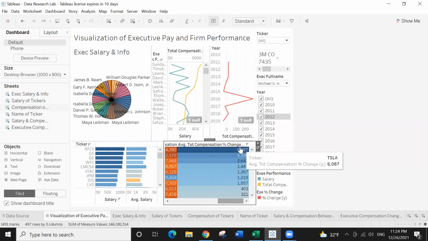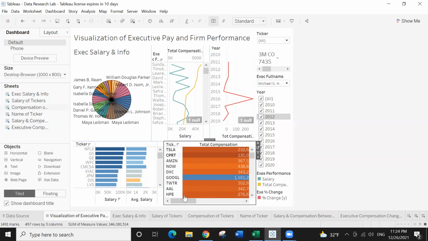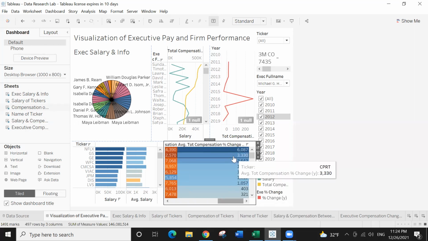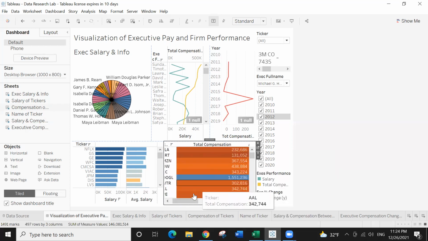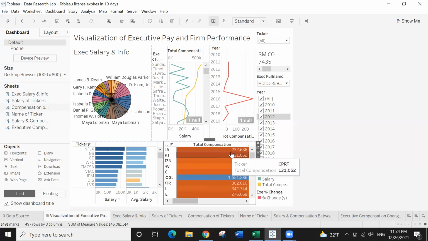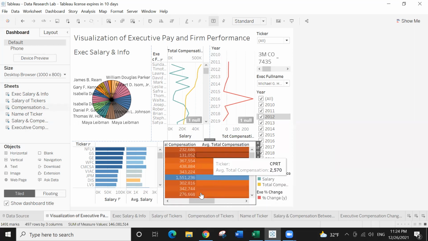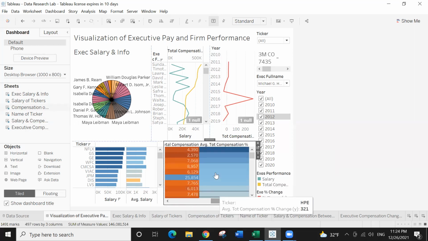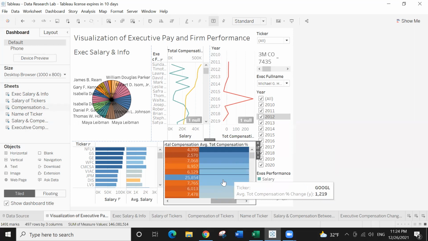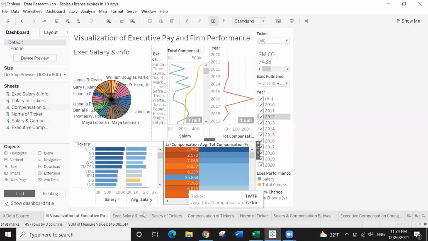If we sort the percentage change in descending order, we could see that Tesla, TSLA, has a crazy high percentage change, but its total compensation sum and average are below average. Which means that even though they all represent total compensation value, the trends of those data are highly different. And these are all my analysis.